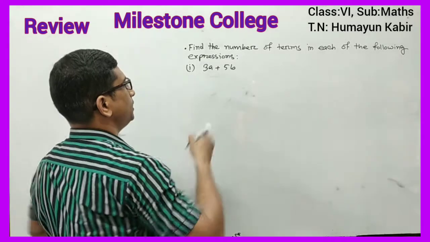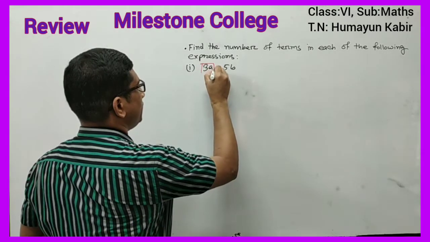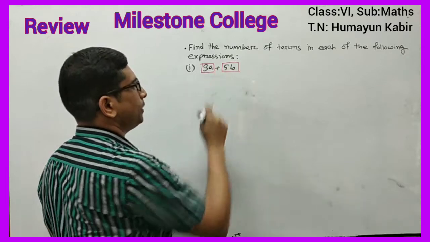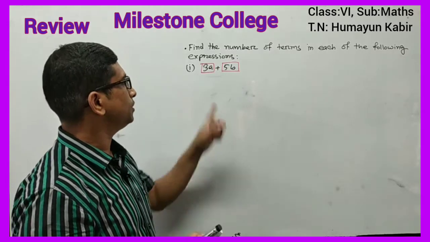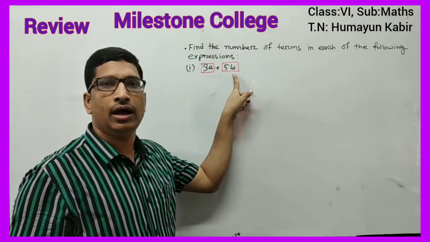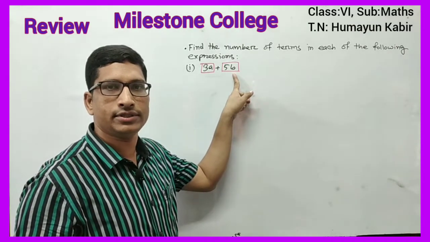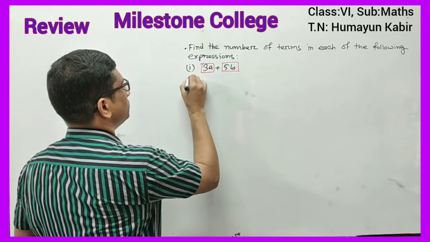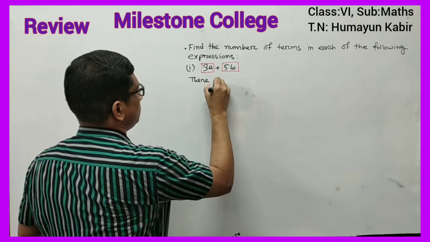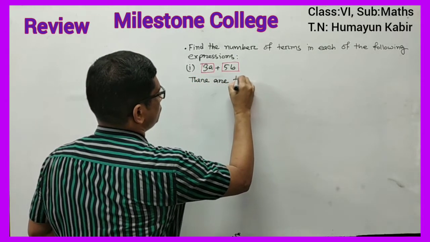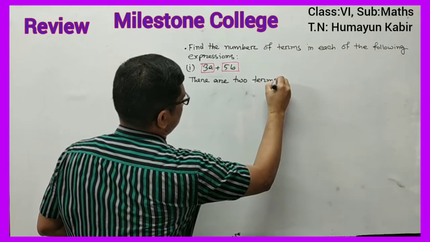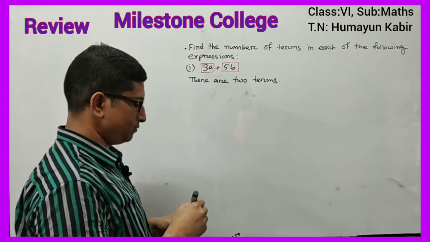Now look at here, this 3a and 5b are linked with what? Plus sign. So here this one will be one term and this one will be another term. So here how many terms? There are two terms.